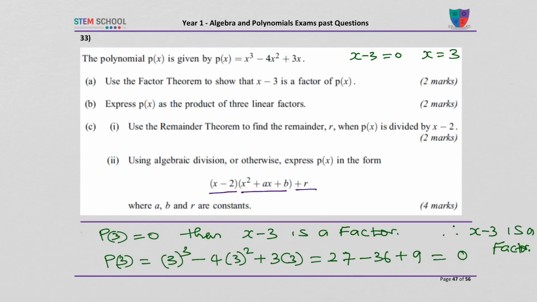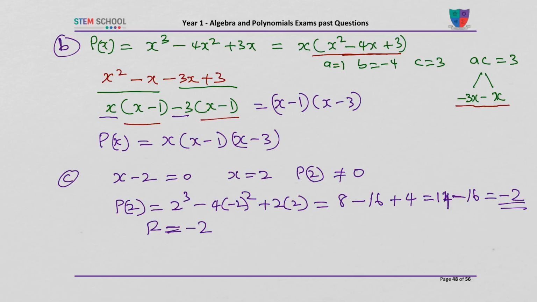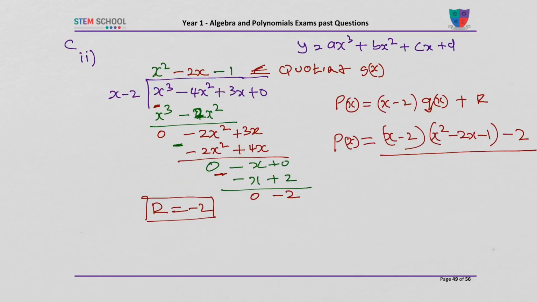Just to check that again. X minus 2 times g of x plus r. In this case, r is minus 2. So a in this case is minus 2 as well. B is minus 1 and r equals minus 2.